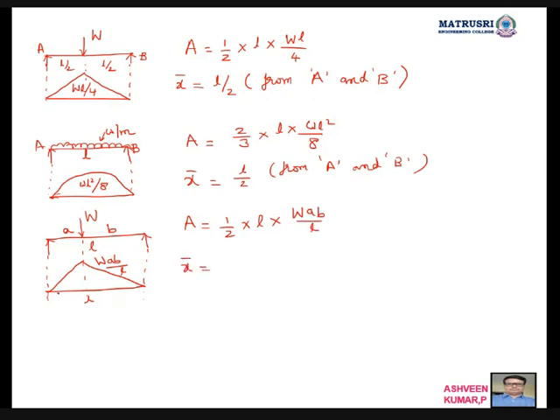Remember please, from A and B are different, because it is not symmetric. So L plus A by 3, you remember this formula, from A, then L plus B by 3 from B.